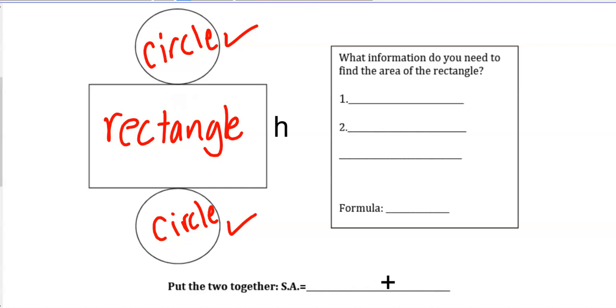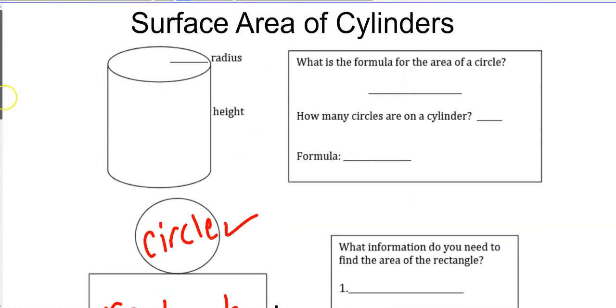So let's jump up here to the top. We know that we have two circles, and the formula for the area of a circle, as we explored in our volume formula, is pi r squared. We have two circles, so this part of the formula is 2 pi r squared.